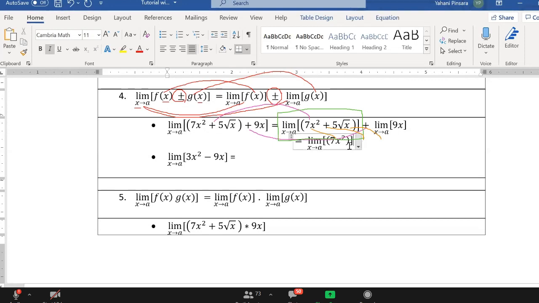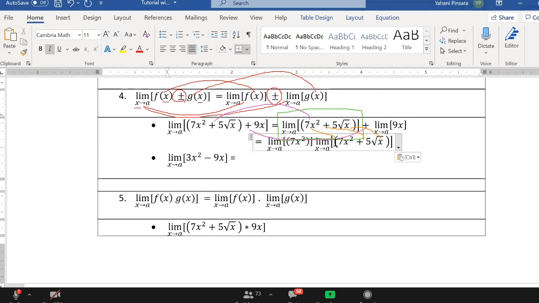So here you have to take this 5x, 5 root x. Before that you have to put addition. Not here.